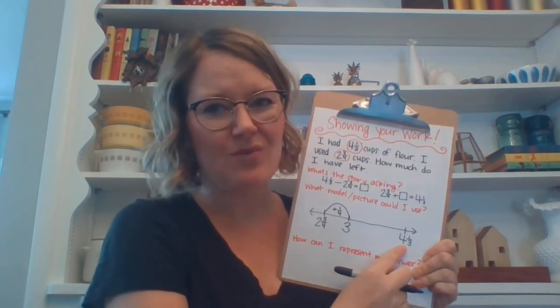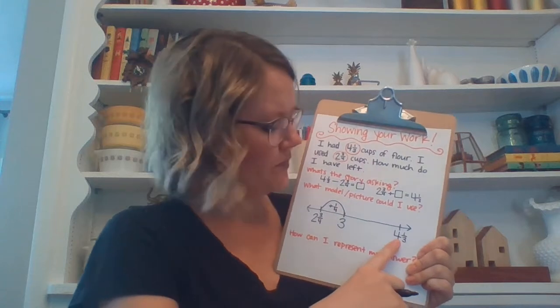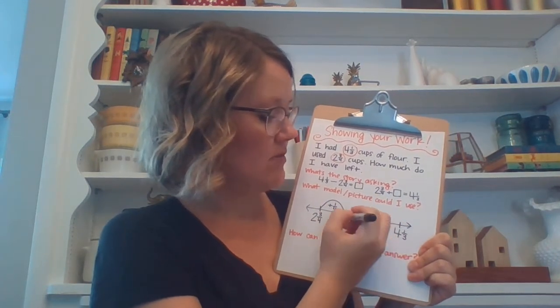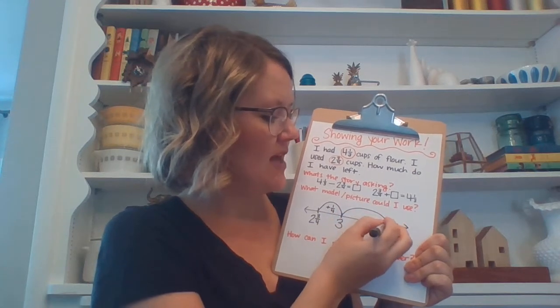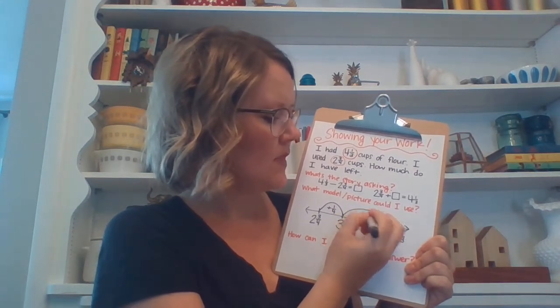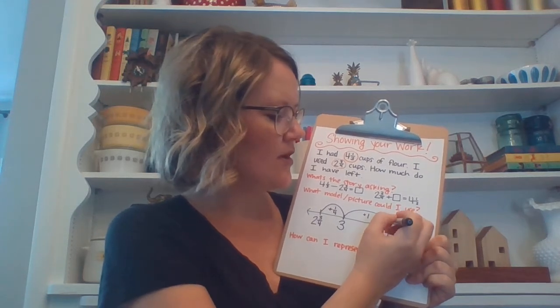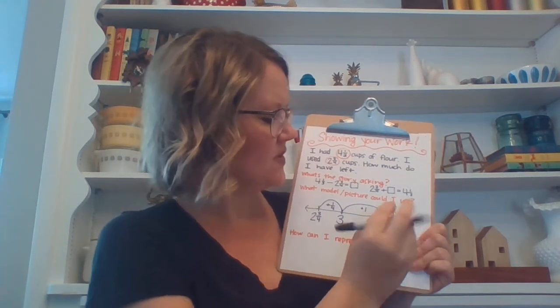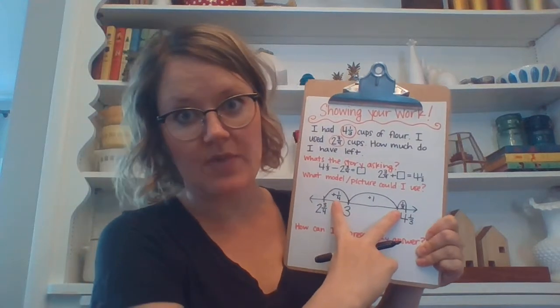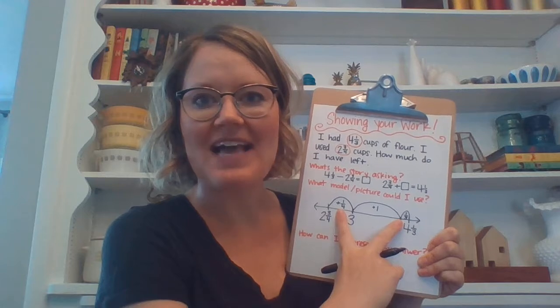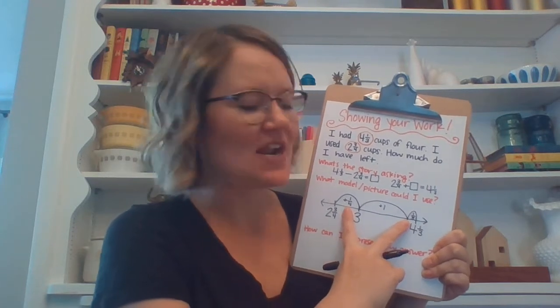But remember, I started with 4 1/3 cups of flour. So then I'm going to add, well, if I added 1 cup of flour, that would get me to 4. And then I just need another 1/3. Now those jumps ignore, because really we know 1/3 is bigger than 1/4, but I didn't model it exactly accurately, but just know that in your head.